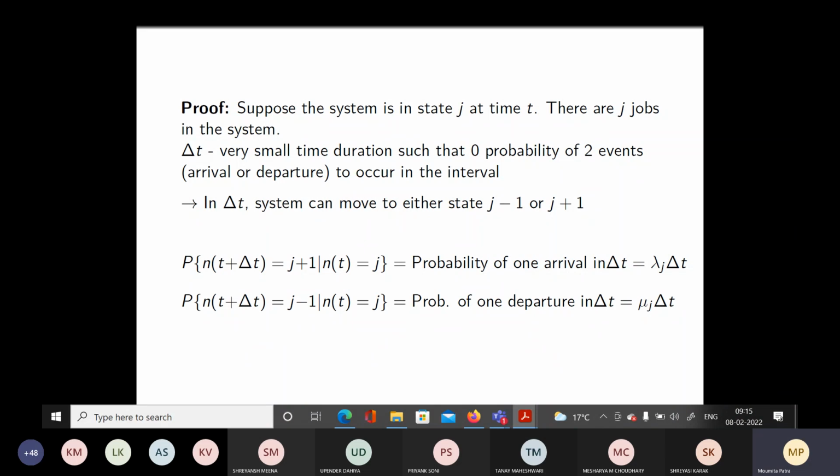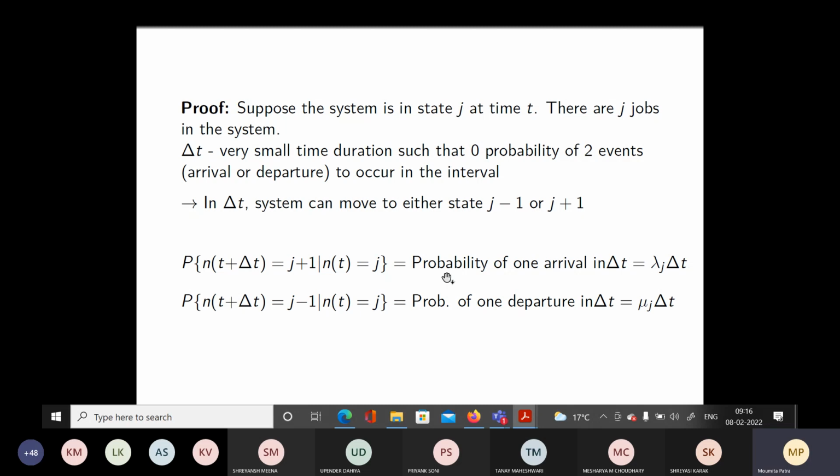So in time delta t, the system can move either to state j plus 1 or to state j minus 1. Okay, so with an arrival it will move to j plus 1, with a departure it will move to j minus 1. So we represented it like this. Okay, the probability of one arrival, so what is the probability that at time t plus delta t you go to the next state, that is j plus 1, given that your current state is j.